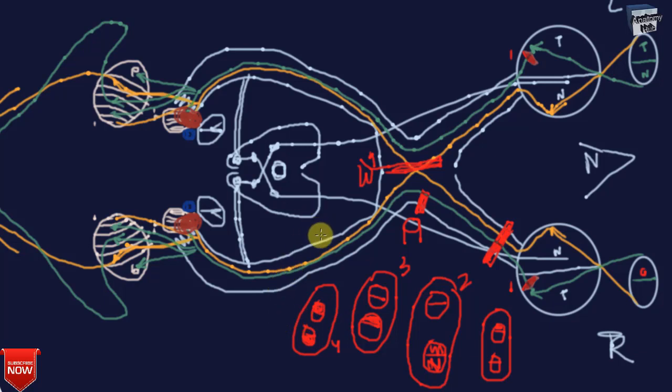Then if you find a lesion over the tract, at the optic tract, what damages will occur, that we have to see. So see, this is the left vision, and this is the right visual side.